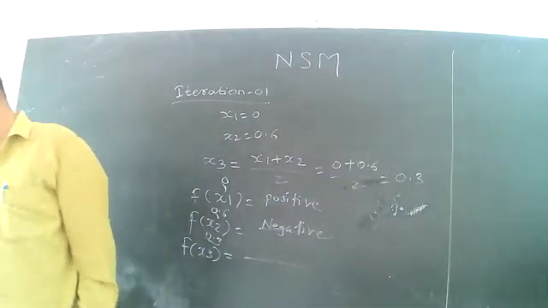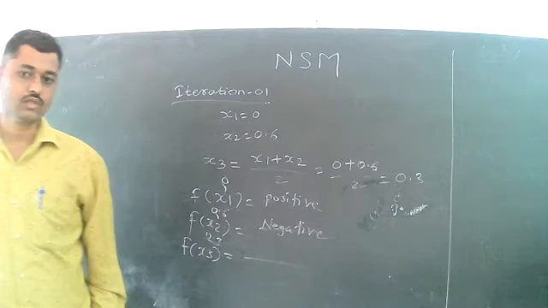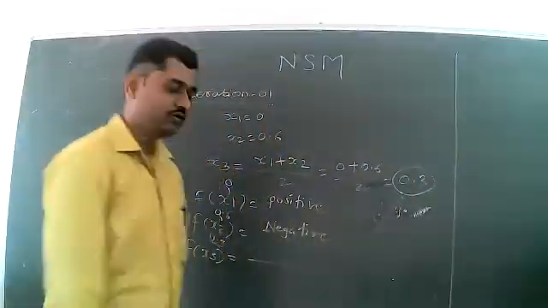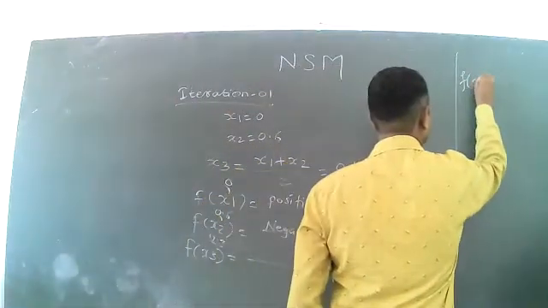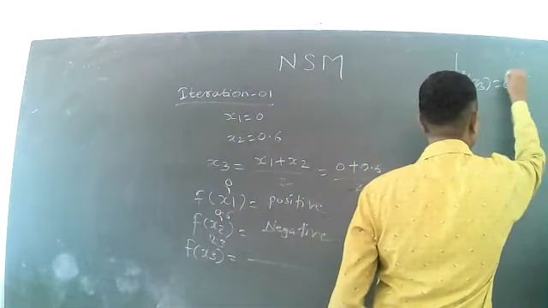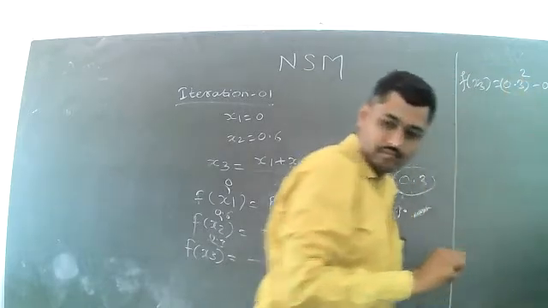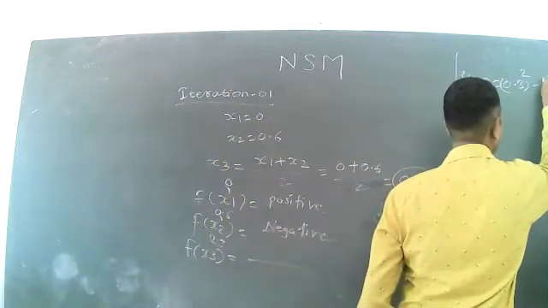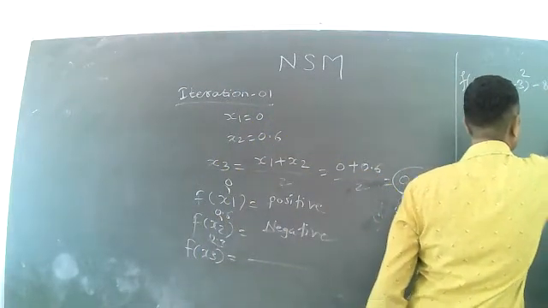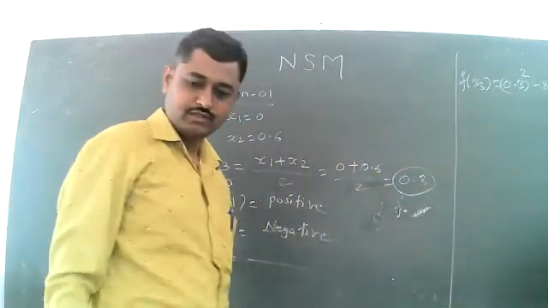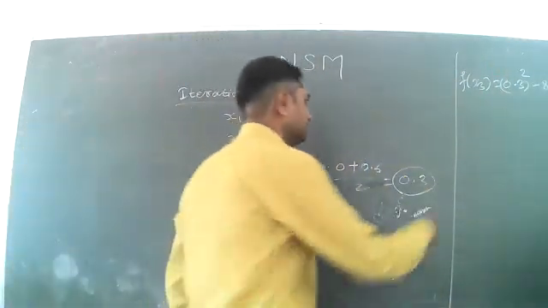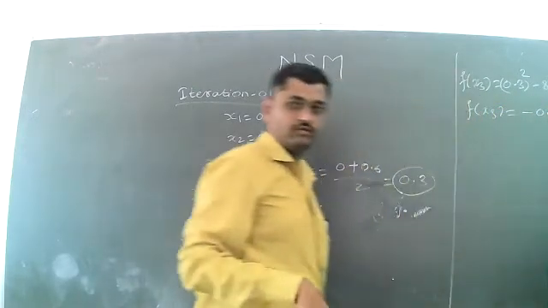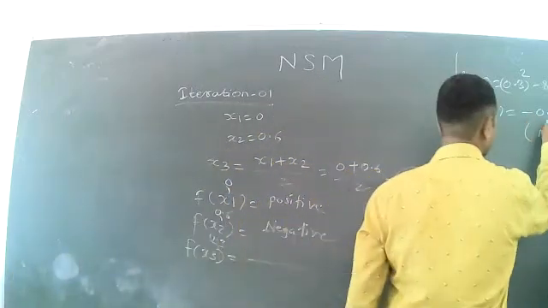To find f of x3, put x3 equal to 0.3 into the function equation: f of x3 is 0.3 square minus 8 into 0.3 plus 2, and by calculation f of x3 is about minus 0.31, which is negative.